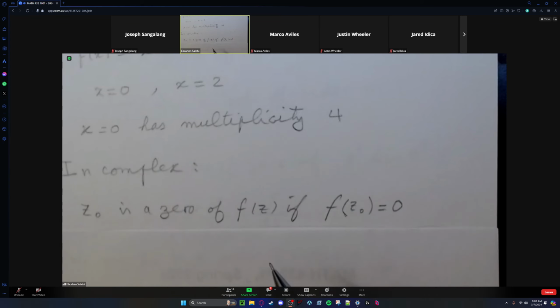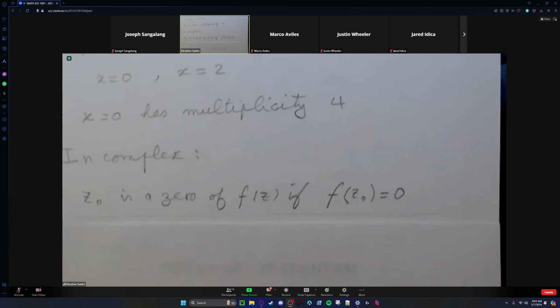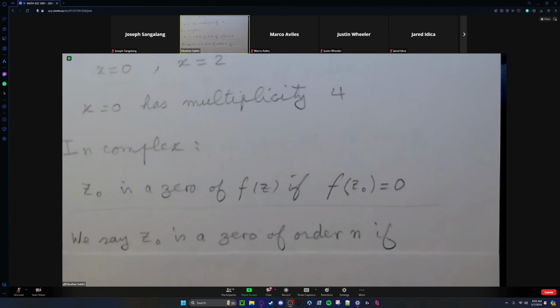Well, we can. How do we define that? In this case, we call it order, zero of order n. So instead of saying multiplicity, we say order n.